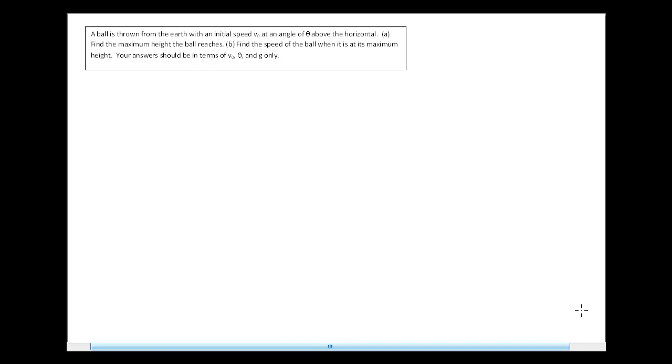And the problem tells us that the answer should be and can be in terms of v0, theta, and g only. Now of course there might be numerical values. There might be a 2 or a 4 or a 6 in the answer. That's okay. But what I mean is that the answer you get for the maximum height the ball reaches should only include v0, theta, and g.